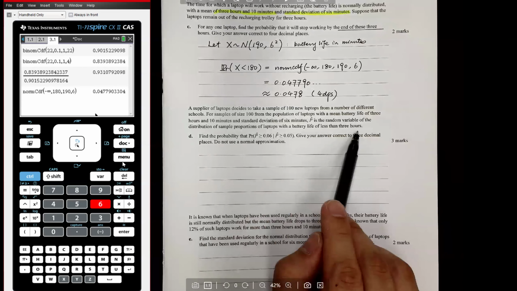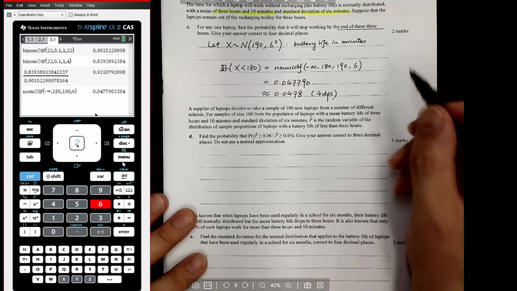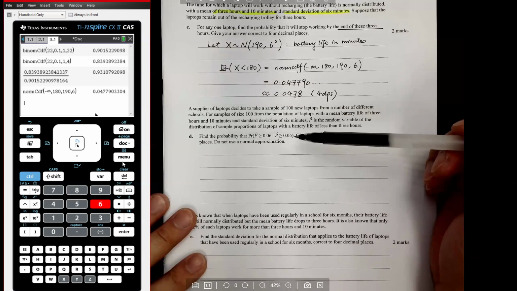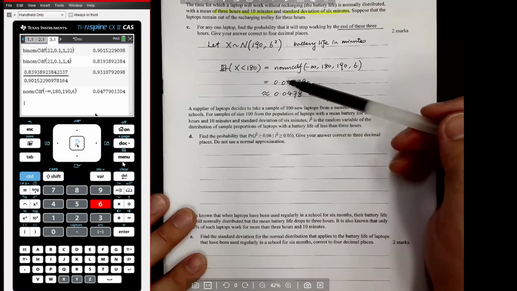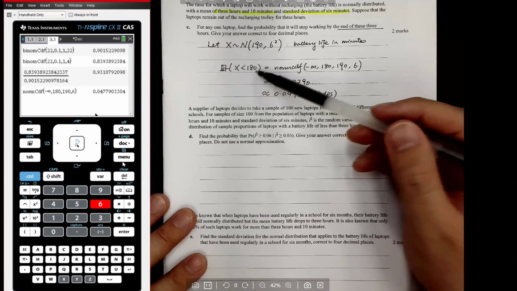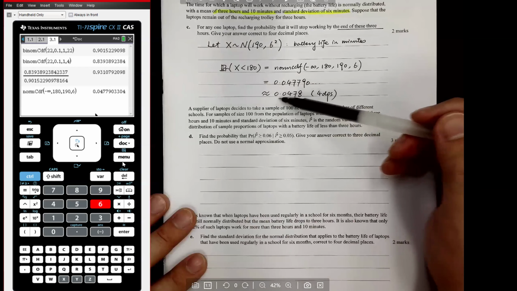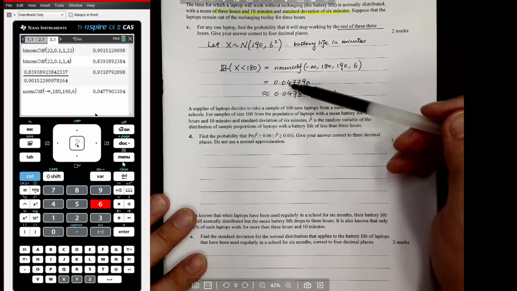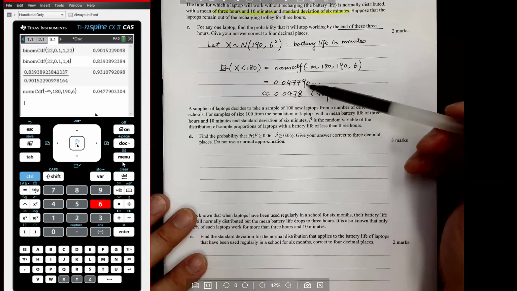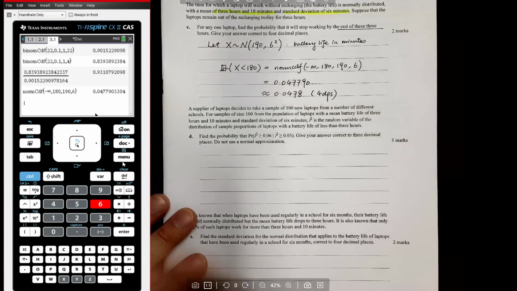than 3 hours. So if one laptop has a probability of battery life less than 180 minutes, this probability is 0.047790. Then I've got 100. So for such 100 independent laptops with 100 independent lifetimes, you need to use a binomial.